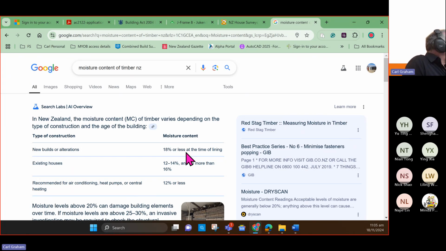So this guy went to one wall which he knew was going to fail, probably on a Friday afternoon, wanting to go to the pub or go home or play golf or whatever it was, and he knew that it was wet. He did one check, failed, gone. Job failed. But what he didn't check was that the treatment in the timber affects the readings. The readings have got to be calculated.